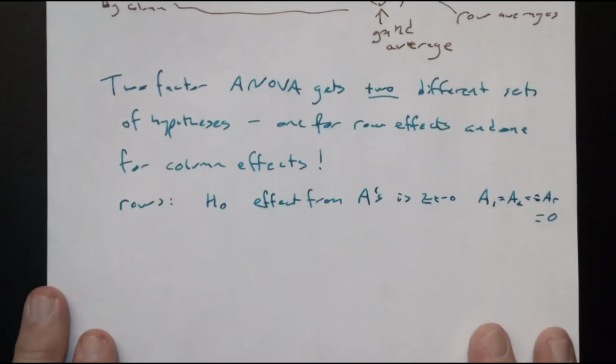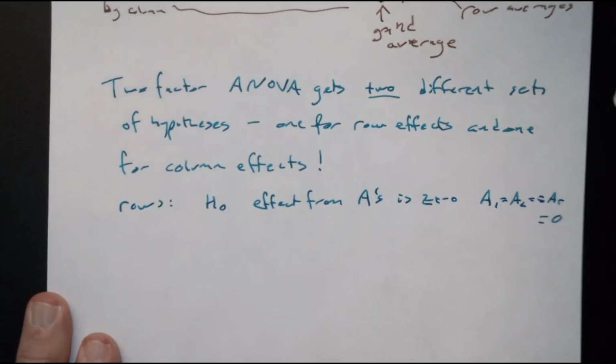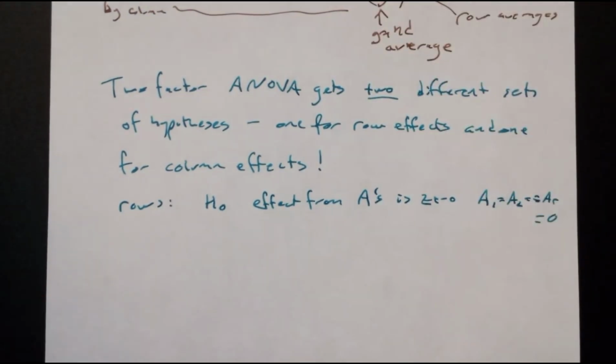If we think of the A's like we did our T's on Friday, we had T1, T2, T3, and they all might add or subtract something to this overall mean. I want to say no, the thing we are overall adding to this mean should be zero.